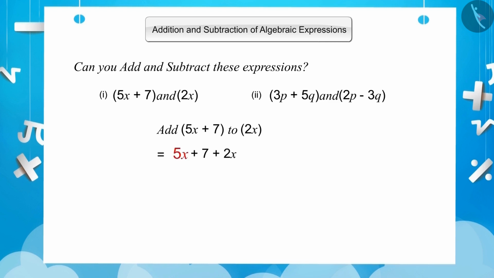Here, 5x and 2x are like terms, so we will arrange them as (5x plus 2x) plus 7. 7 is the unlike term and will not be added. So by adding the like terms, we get 7x plus 7.